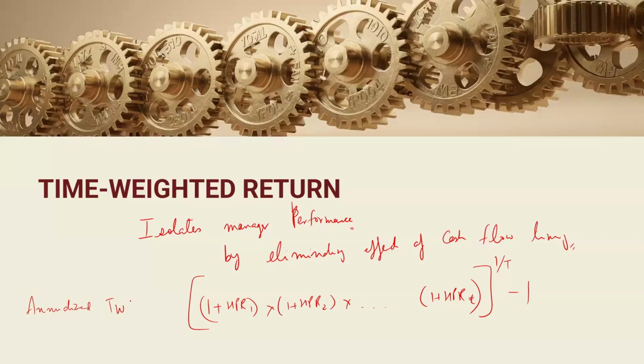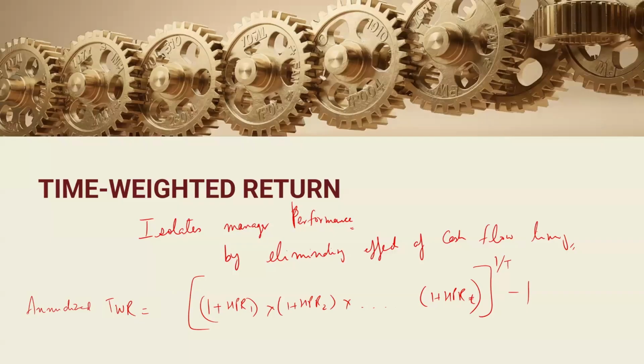But in most books, if you check the time weighted return formula, you will not find this 1 over t written directly. In fact, if you search the internet, there is a lot of discrepancy regarding this.